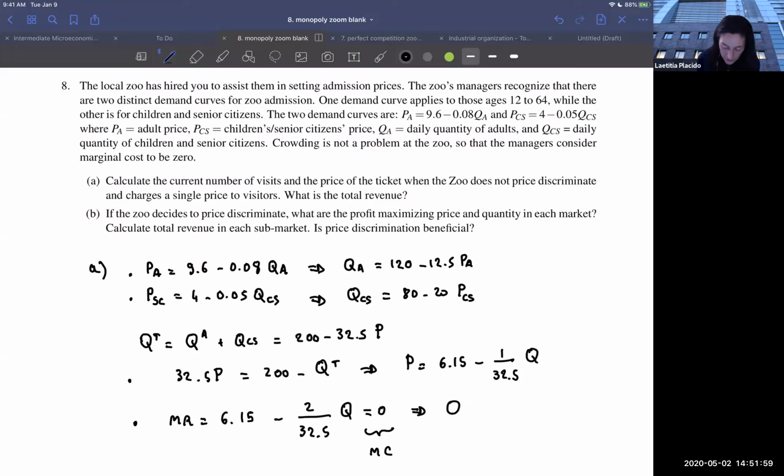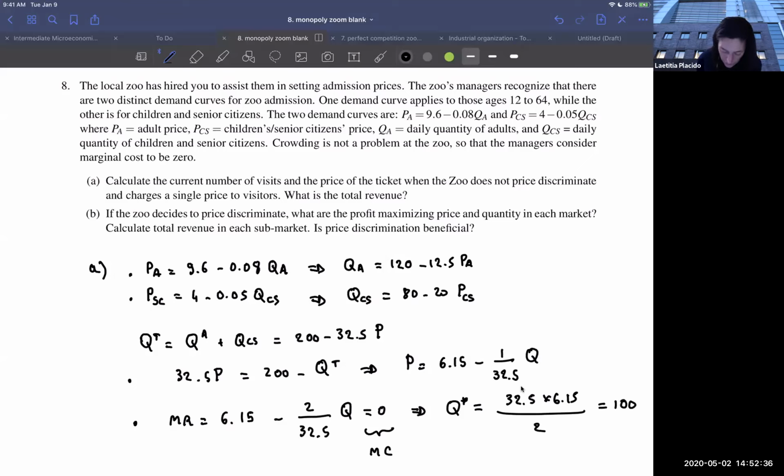So the optimal quantity here is going to be 32.5 times 6.15 divided by 2. So quantity is 100.